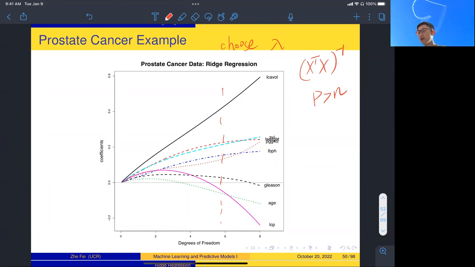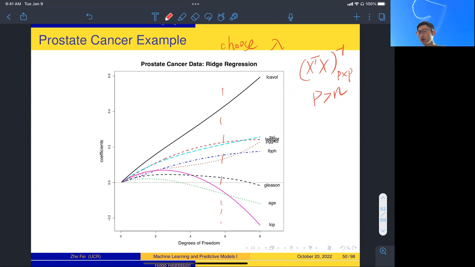The difficulty here is that your X transpose X is a P by P matrix, so when P is large the matrix is large, and you can only approximate this inverse, but you cannot get an exact solution.